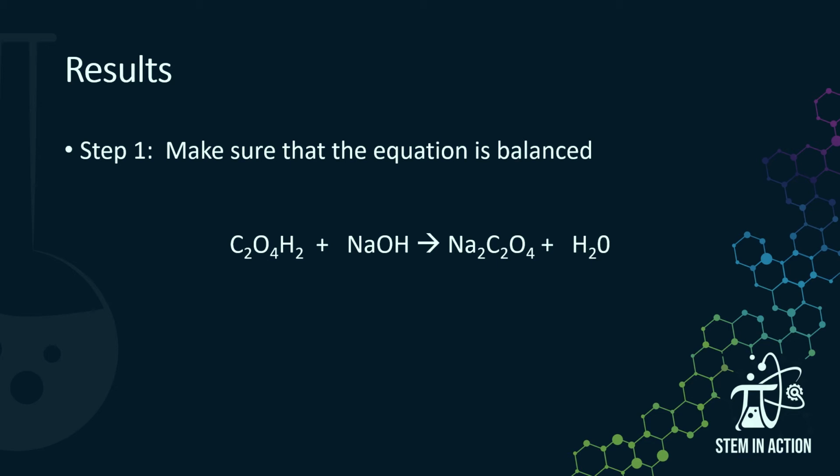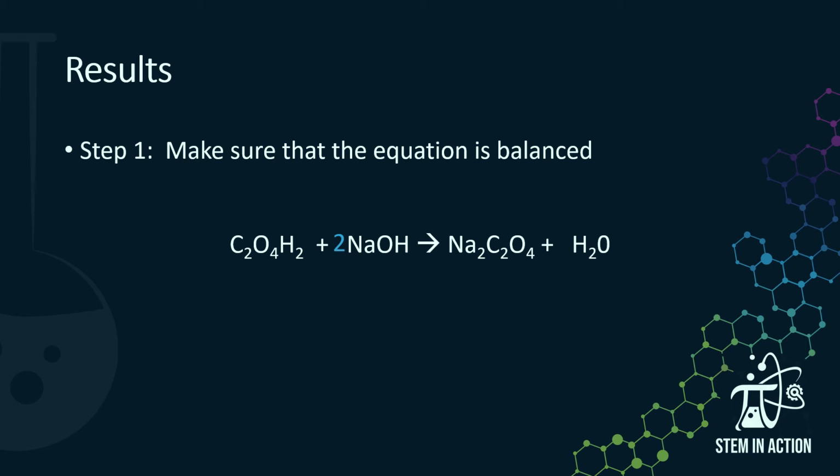You will see that on the left hand side there is 1 sodium, and on the right hand side there are 2 sodiums. So we need to add 2 sodiums on the left, and now there are 2 sodiums on the right. Then we can look at the carbons. There are 2 carbons on the left hand side and 2 carbons on the right hand side, so that's all good.